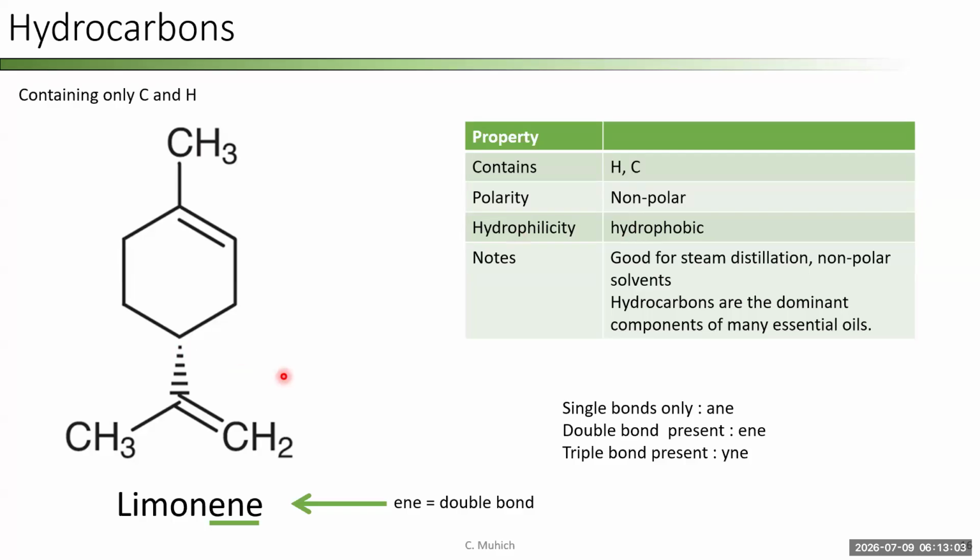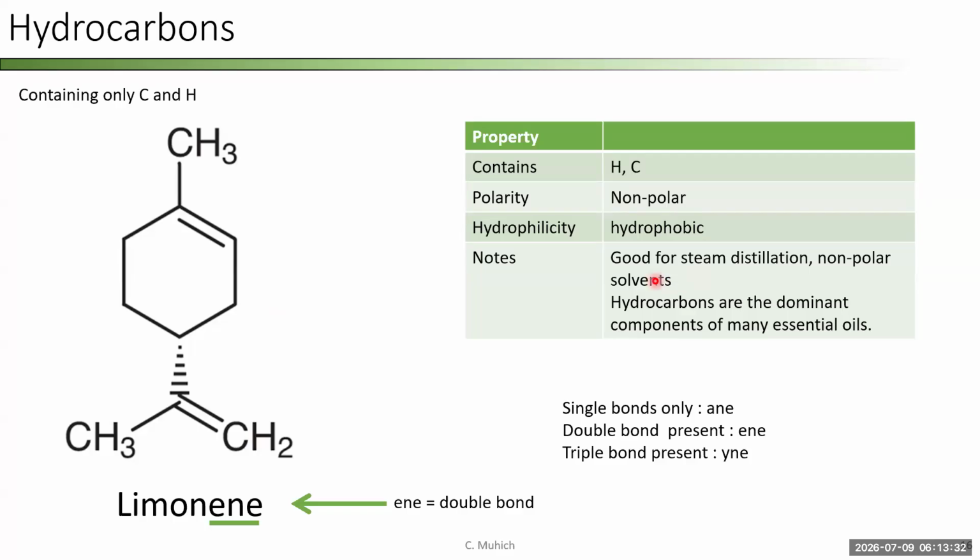Because of this, these molecules do not interact very favorably with polar compounds or water. And so we call it hydrophobic. It's like if you take oil and water and put them together, the oil separates. That's because it's hydrophobic. It doesn't want to interact with the water. These hydrocarbons are not going to want to interact with water.